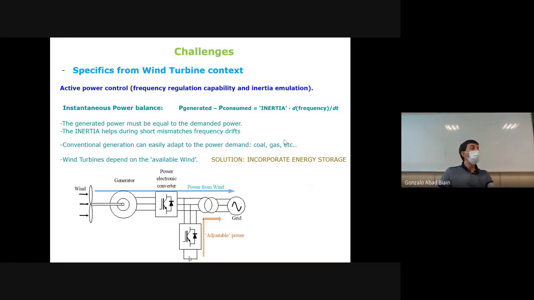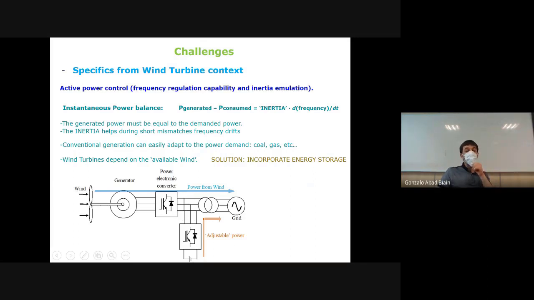Little by little, if we want a grid in which the wind turbines or renewables have a very specific portion, more than 50%, this is very important. Otherwise, this is unstable, and the blackout is very easy to happen.